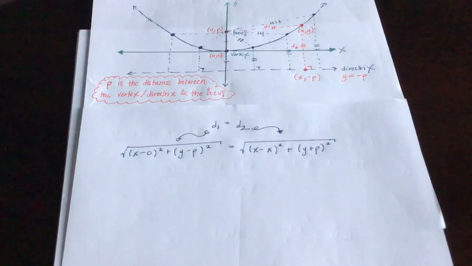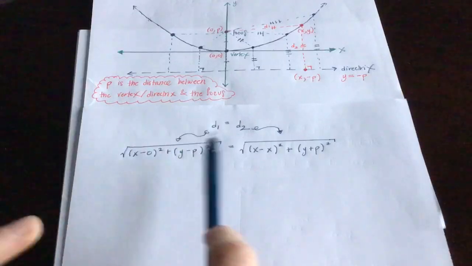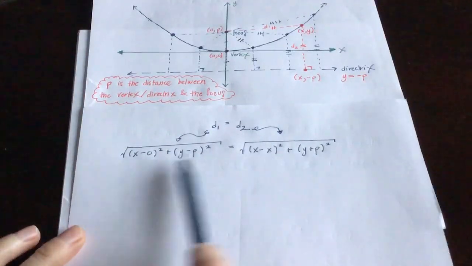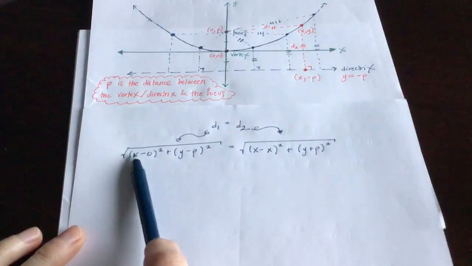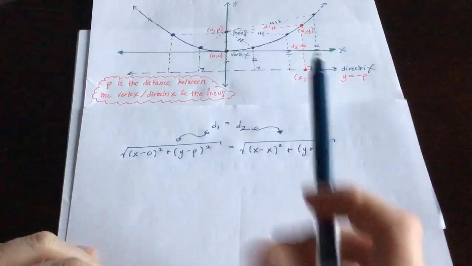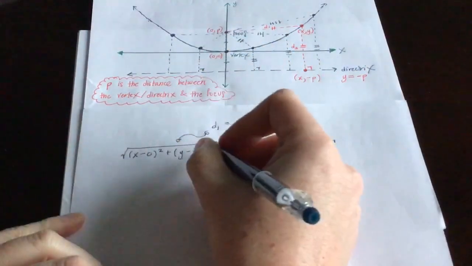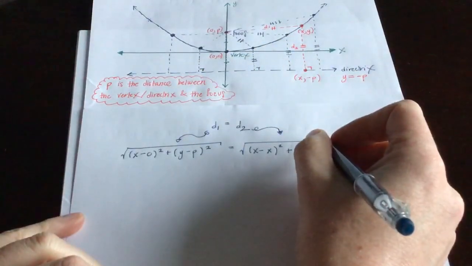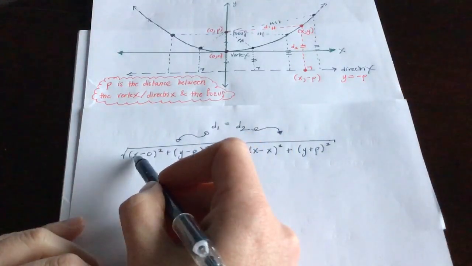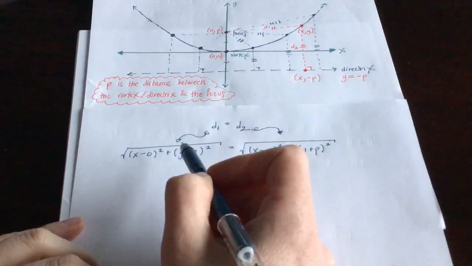The first thing that a lot of people want to do, I'm pretty sure, is get rid of the square roots. And in this case, that would be super easy. You could just square both sides of the equation, or you could figure if these expressions are equal to each other, then the radicands must equal each other. Either way, you could get rid of the square roots pretty quickly. And in the same step, you could write things a little simpler, like x minus 0 is just x.